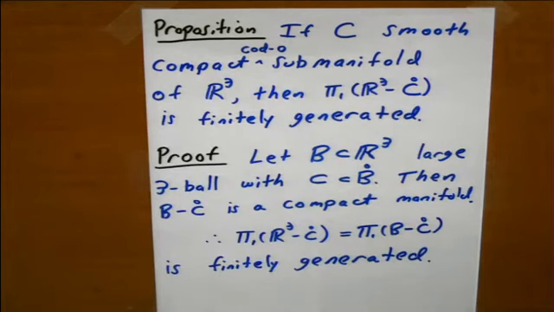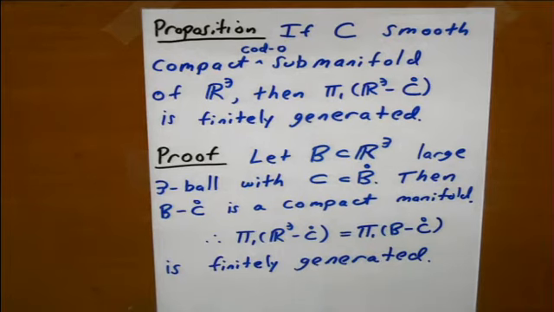And well, that's certainly not the situation if you're in R3, because if you have any smooth submanifold of R3 that's compact, then if you just take some very large round ball, that submanifold will live in that ball.